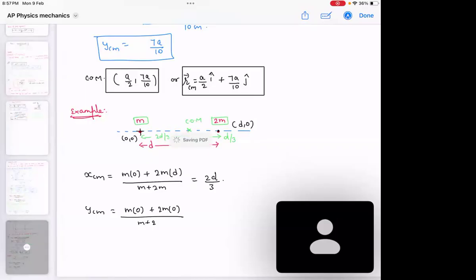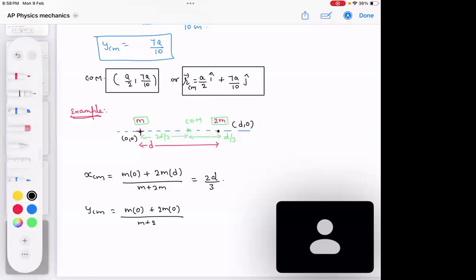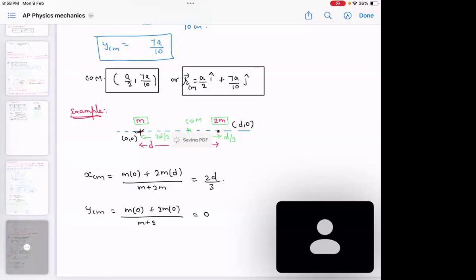Do you see what XCM is coming? 2d by 3. So 2d by 3 from where? From the origin you have chosen. And you have taken the origin on the particle of mass m itself. So from the particle of mass m, the center of mass is at a distance 2d by 3. From the other particle, d by 3 it will come.